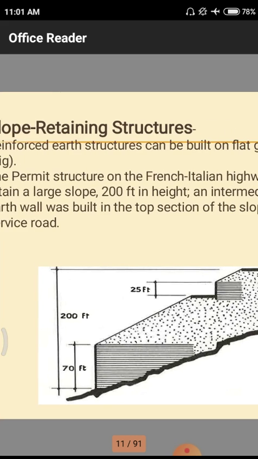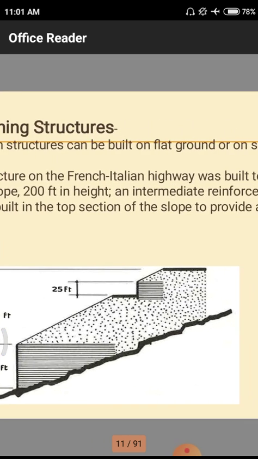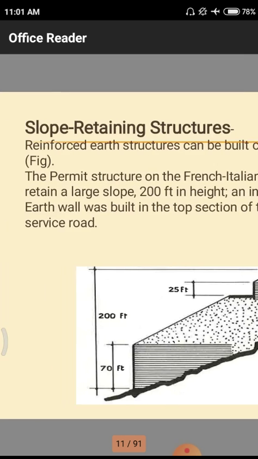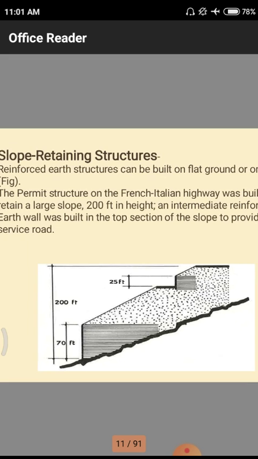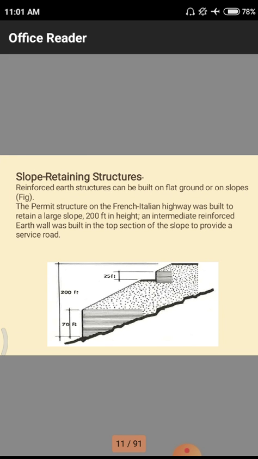First one, reinforced earth structures can be built on flat ground or on slope areas. In this particular figure, we have to observe the reinforcing earth constructed in sloping areas as well as straight portions. The structure on this French-Italian highway was built to retain a large slope.